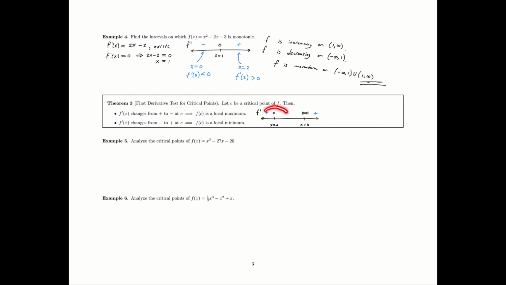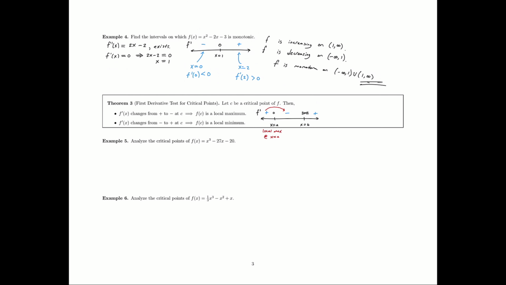So this tells us that our graph has this basic shape. It increases, flattens out, decreases. So that means there has to be a local max at x equals a.